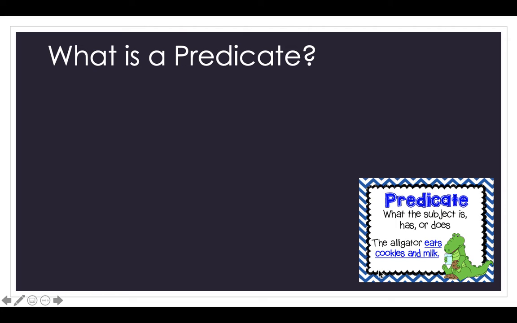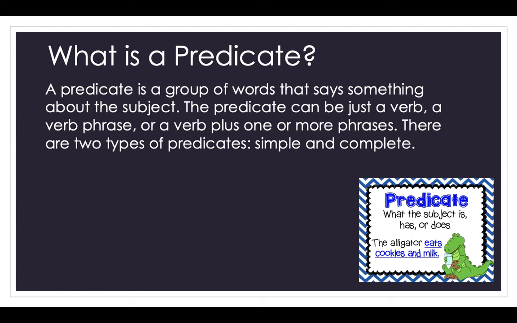What is a predicate? The predicate is what the subject is, has, or does. For example, the alligator eats cookies and milk. Eats cookies and milk is the predicate. So a predicate is a group of words that says something about the subject. The predicate can just be a verb, or a verb phrase, or a verb plus one or more phrases.